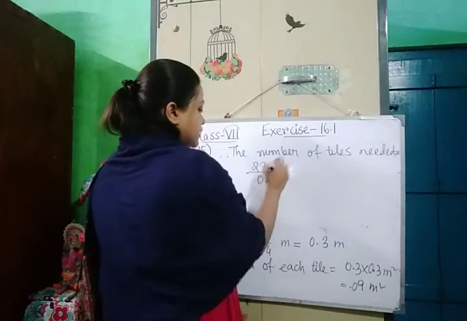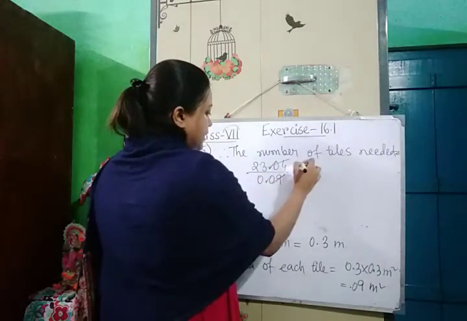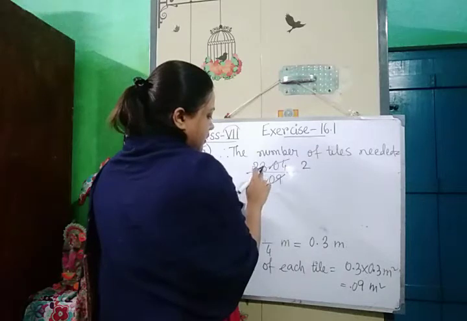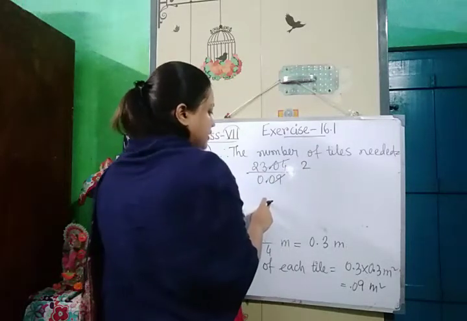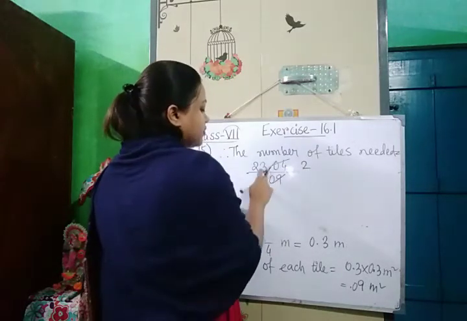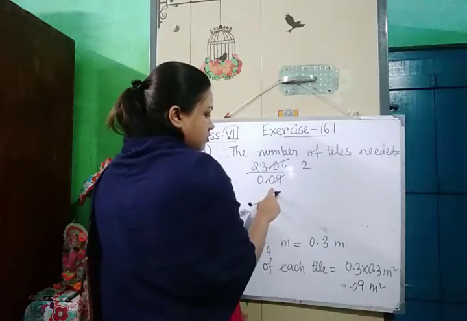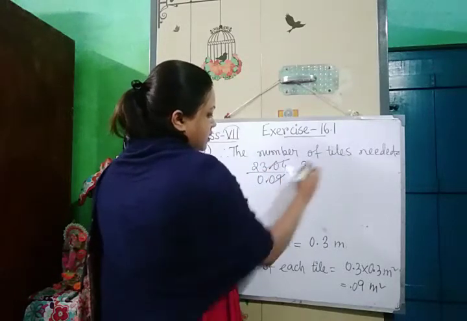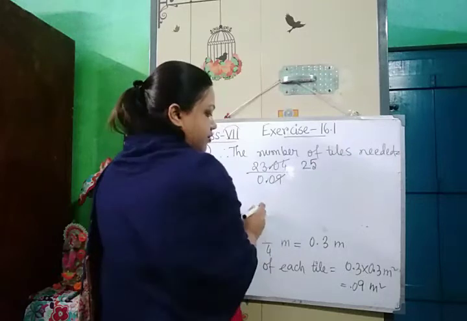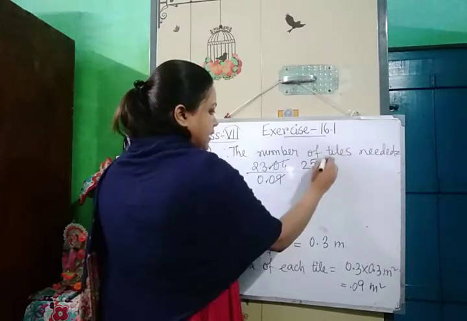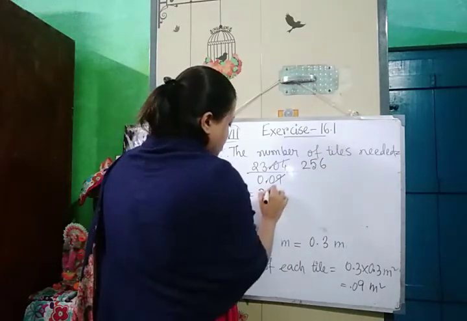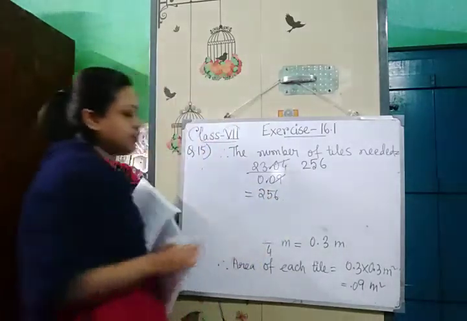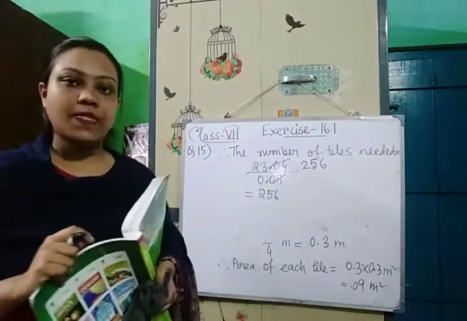Points omitted. 9 to the 18, then remainder will be 3, remainder will be 5, 5 and 0, 9 5s are 45, 5 will be remainder, 9 6 are 54. So 256 is the number of tiles needed.